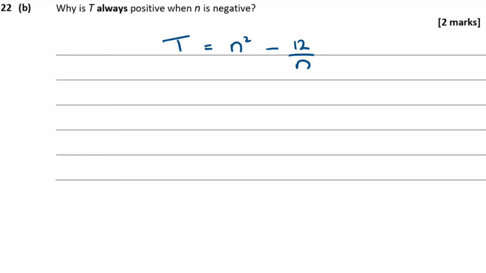So if n is negative, if n is less than 0, then n squared is going to be a negative multiplied by a negative, which is equal to a positive, isn't it? A negative times a negative is always a positive. So this bit over here is always going to be positive then, isn't it?